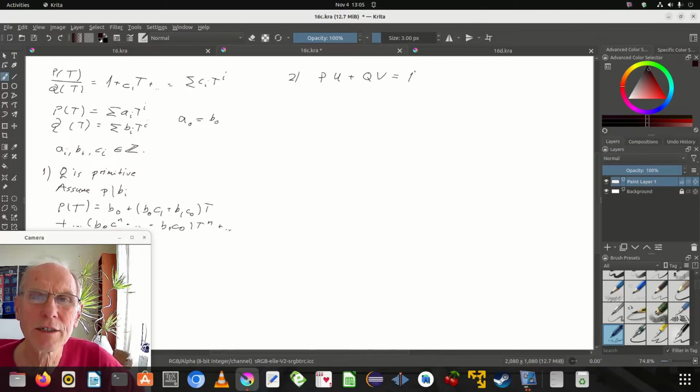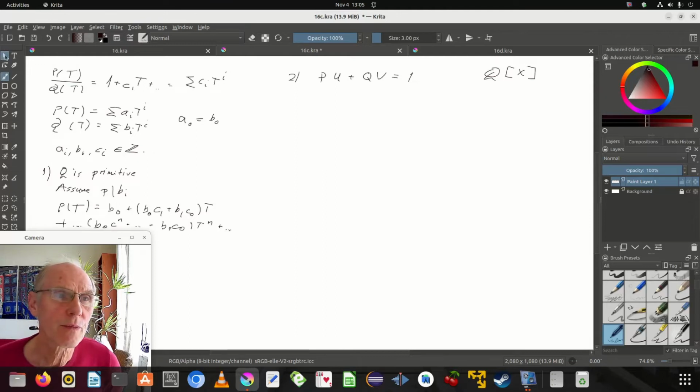And why is that not? Oh, we're actually doing this over the rational numbers. And that means that Q[x] is a unique factorization domain. So that's why we can use the algorithm. And that means that when doing this, u and v will have rational coefficients.